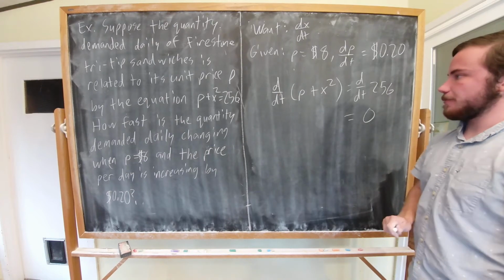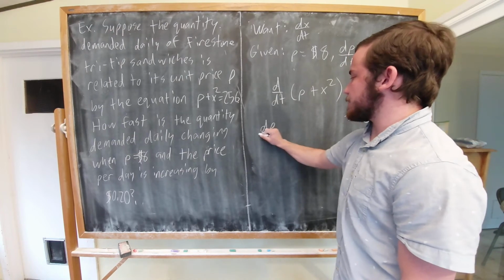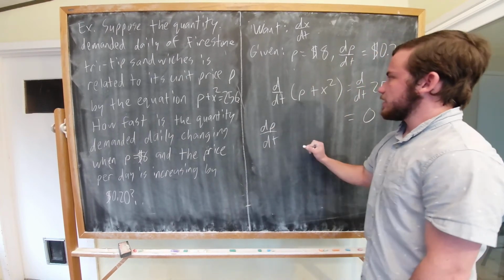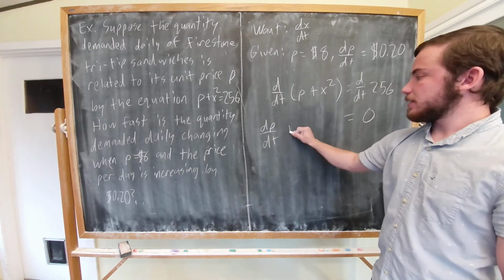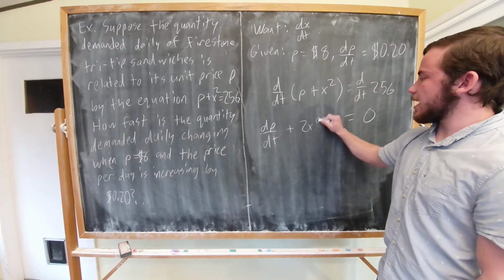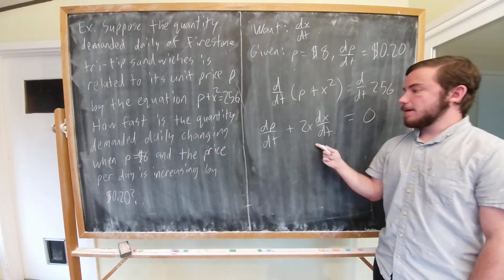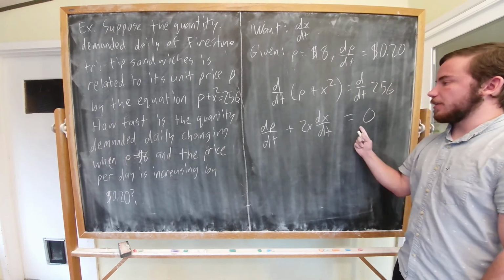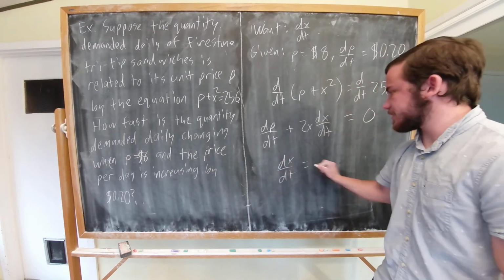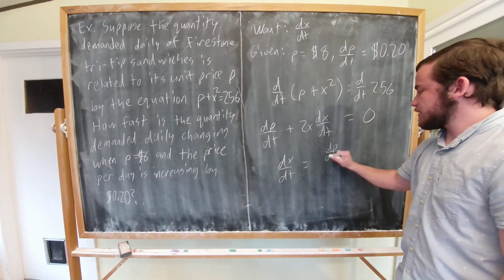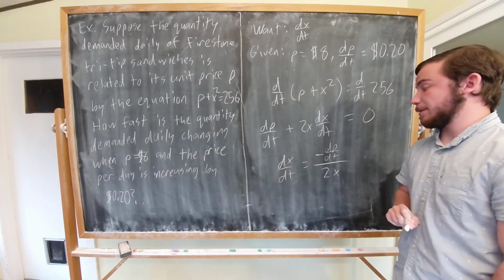The derivative of a constant is 0. d/dt of P is just dp/dt. d/dt of x squared, remember, since we're taking it with respect to t, gives us 2x times dx/dt, exactly the thing we want, but it's in terms of these other things. Solving for dx/dt gives us dx/dt equals negative dp/dt divided by 2x.